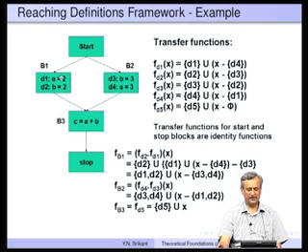Now let us compute the transfer functions of the basic blocks and show composition. F d2 dot f d1 of x is D2 union D1 union x minus D4 minus D3. This is the f d1 part and the outer part is the f d2 part. So we get D1 D2 union x minus D3 D4.